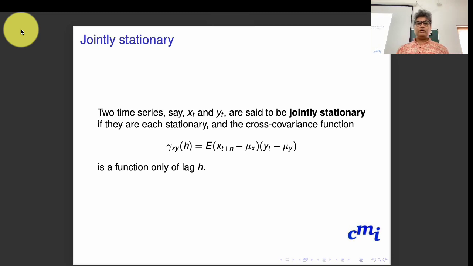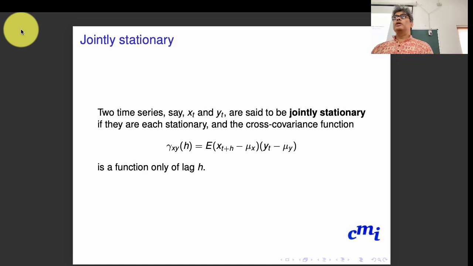Okay, so let us quickly review what we were discussing on joint stationarity. The concept of jointly stationary time series comes up when you have more than one time series: bivariate, trivariate or multivariate.